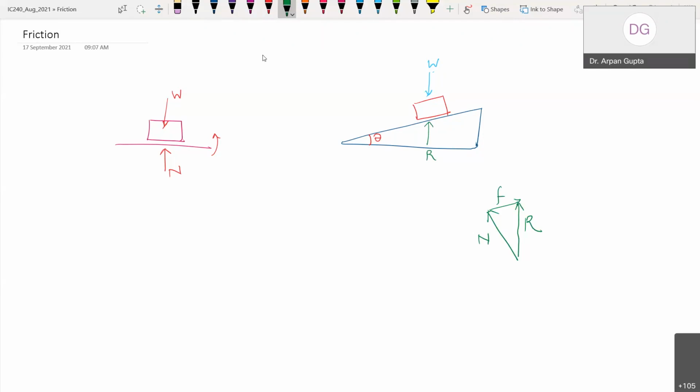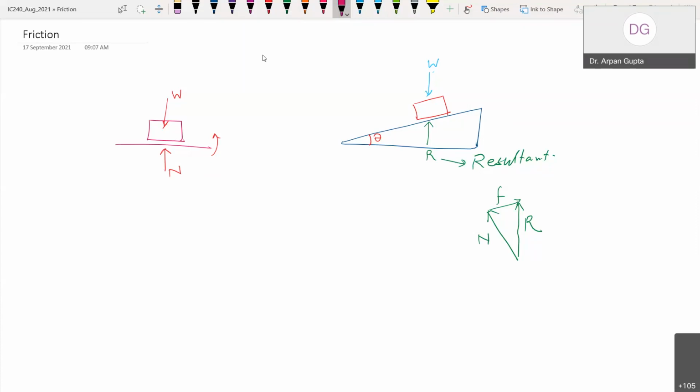Not reaction, it is resultant. This is the resultant force that the surface is exerting, a resultant of the normal reaction and the friction force. Since theta is small, this gets balanced. W and R will balance each other.